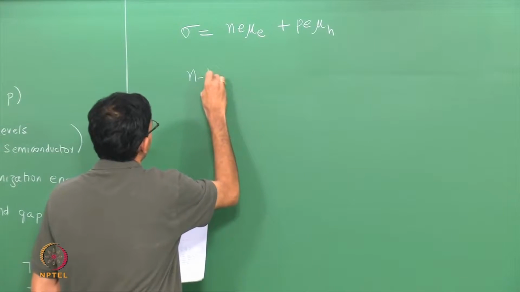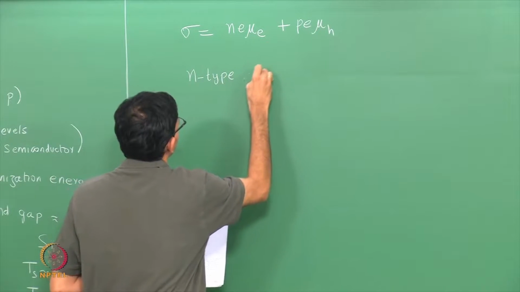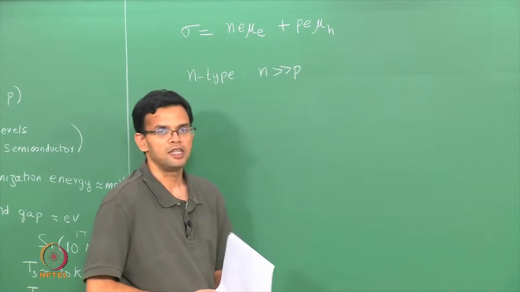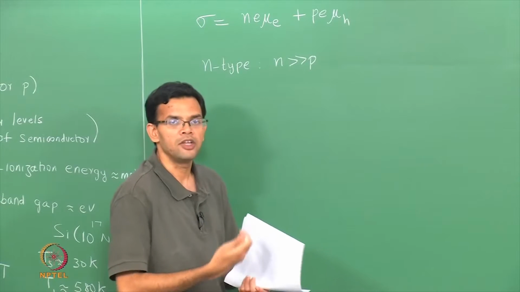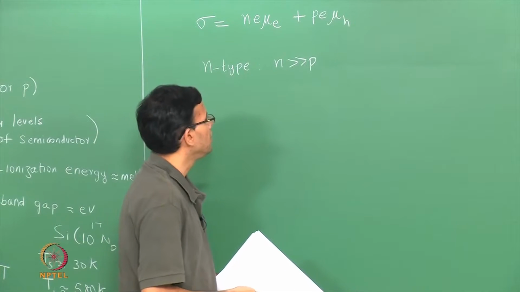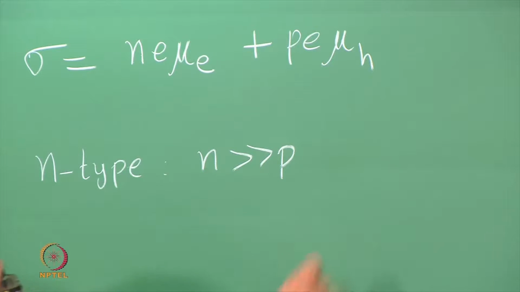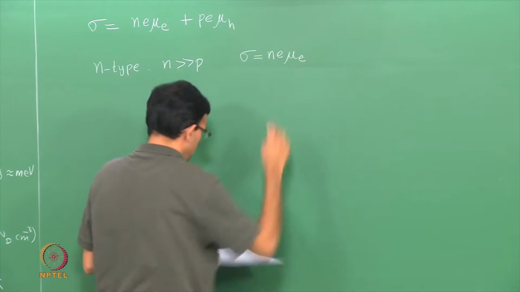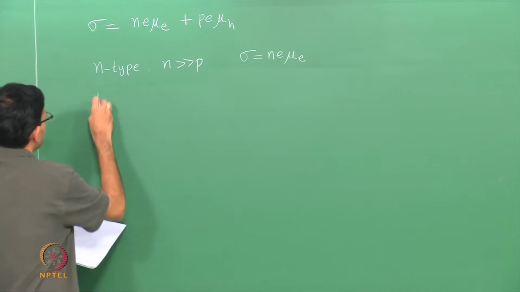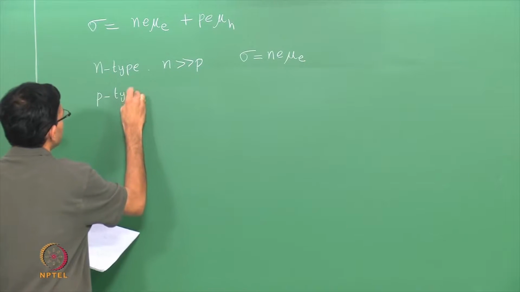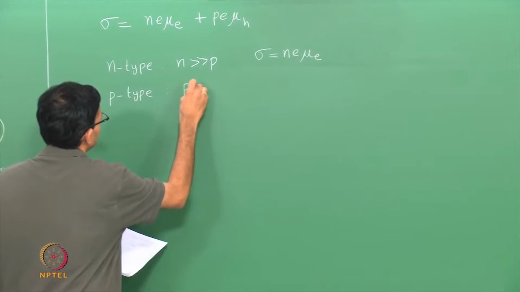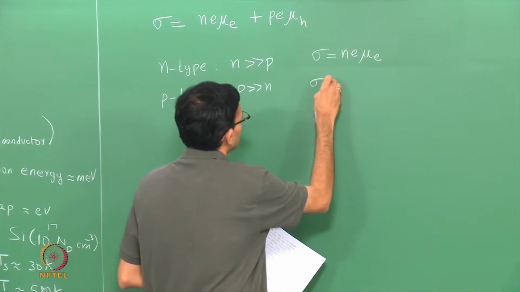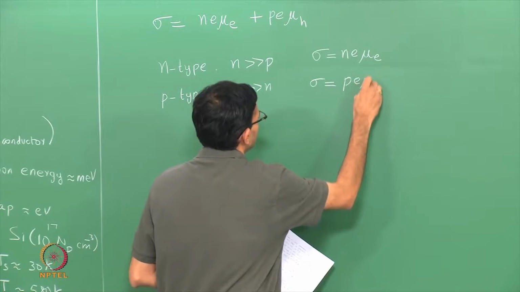If you have an n-type semiconductor, N is typically much larger than P. We saw in the case of silicon that N could be more than 7 or 8 orders of magnitude higher depending upon the dopant concentration, in which case sigma would just be N e mu E. On the other hand, if you have a p-type semiconductor, P is much larger than N, in which case sigma will just be P e mu H.